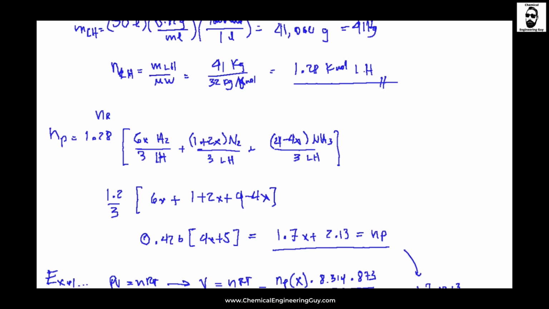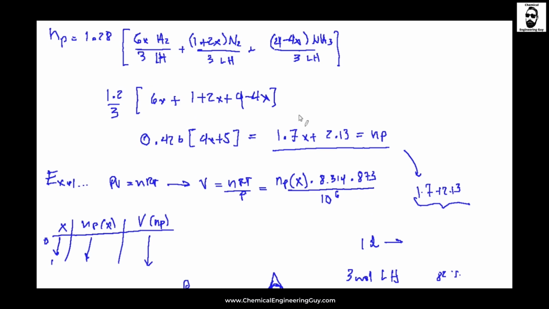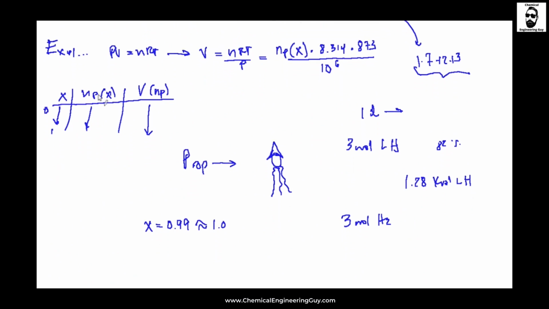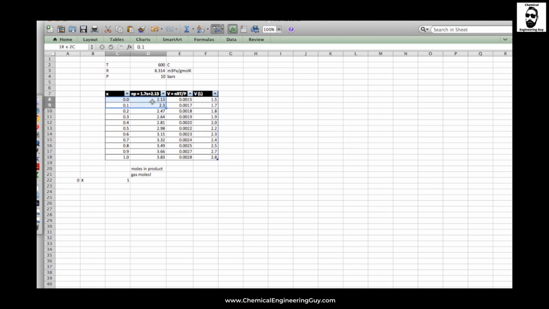And then we pass to here, which is essentially the amount of moles as a function of X. We gave some values, we know X is from 0 to 1, and then we calculated NP and then V from NP, which is everything here.